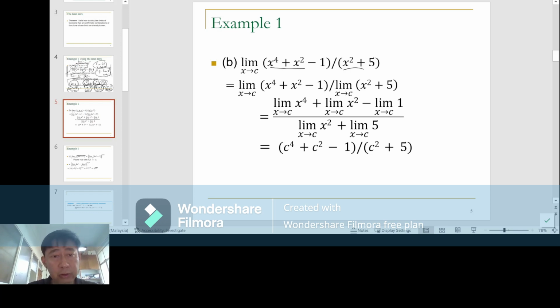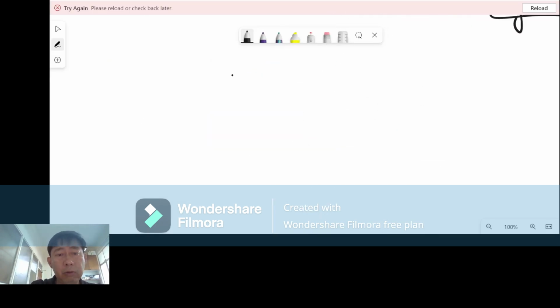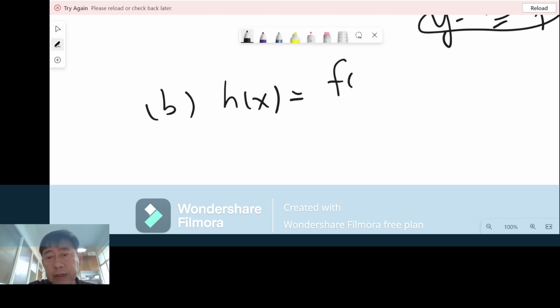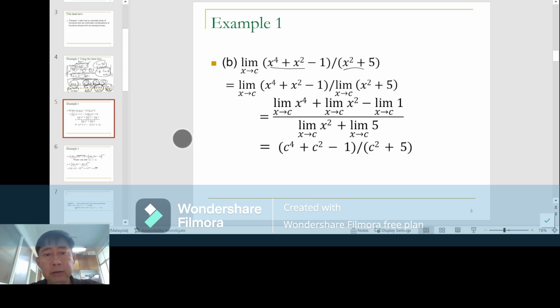So let me try to be a little bit more formal to write down this example. Okay, so I have an example B, and example B is a function which is defined to be the ratio of, say, f over g. So here the function f according to here is x power 4 plus x squared minus 1.